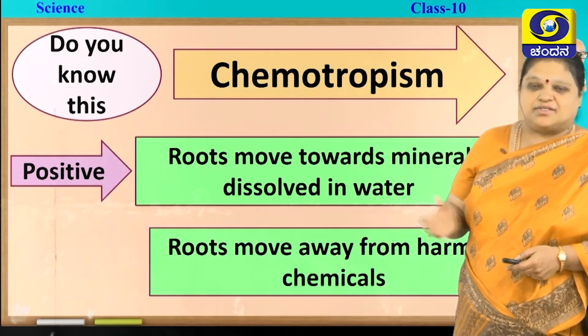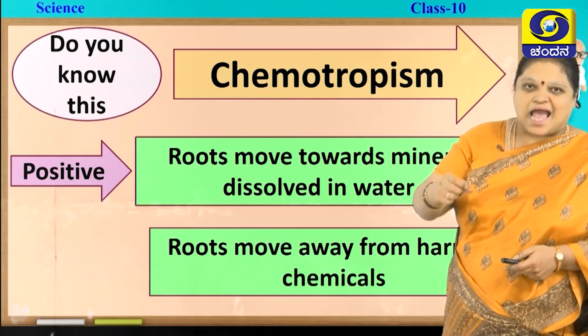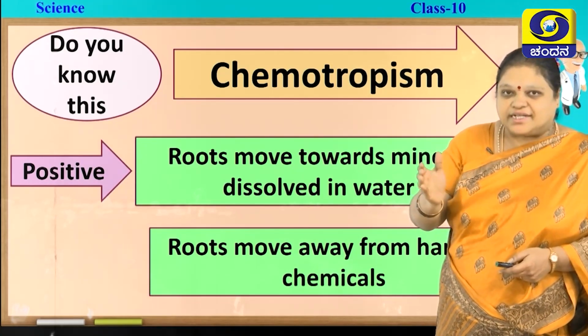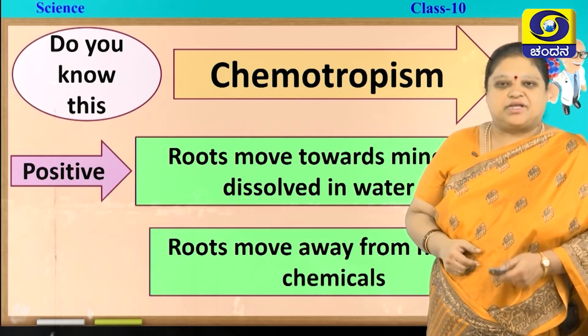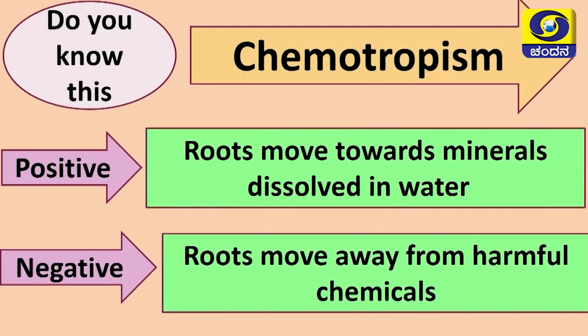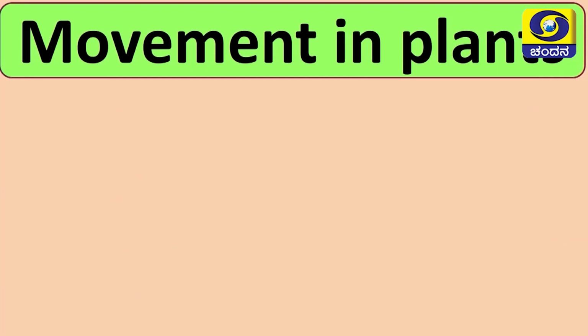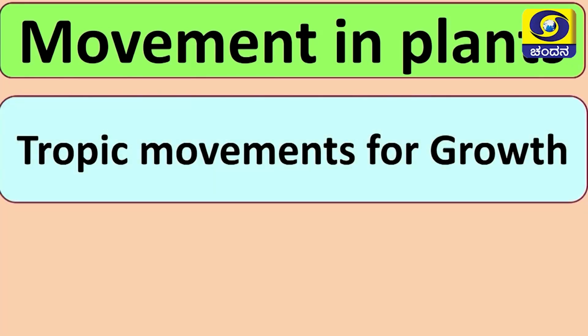What type of chemicals? Harmful chemicals like acids, etc. So, it is moving away from harmful chemicals. It is a type of negative chemotropism. So, there are two types of chemotropism, positive and negative.